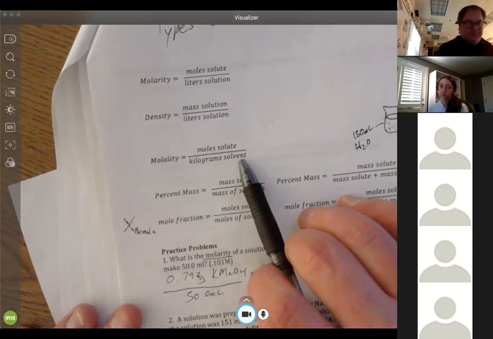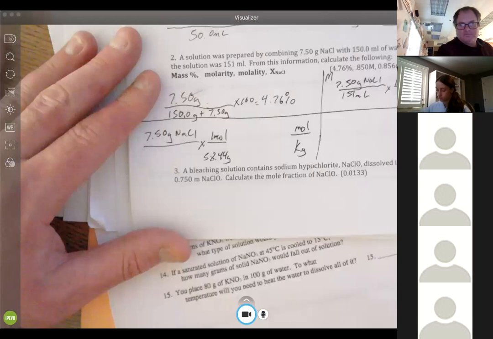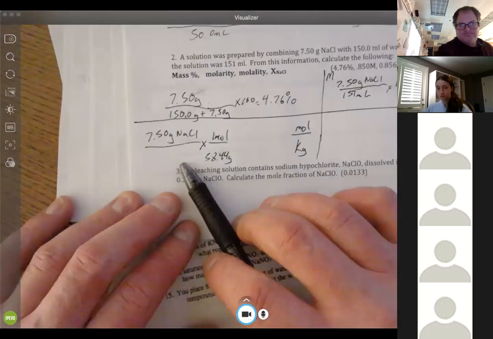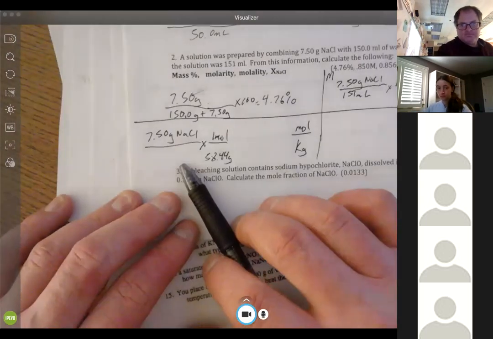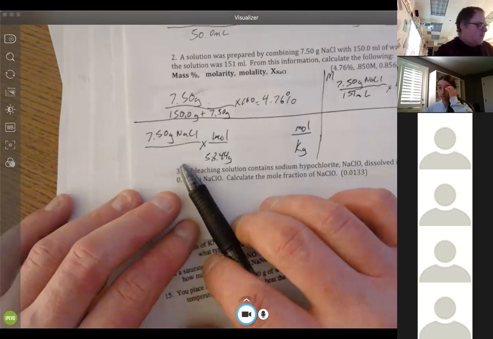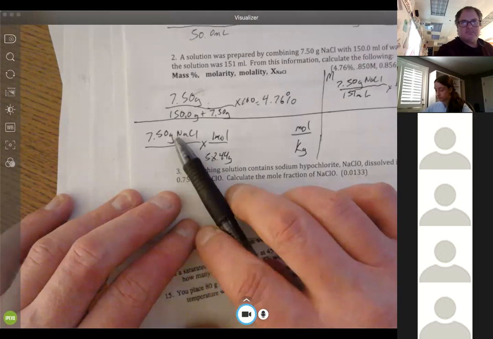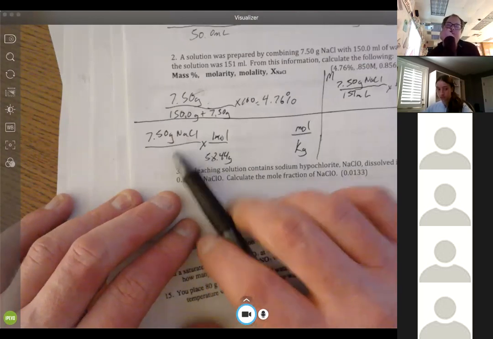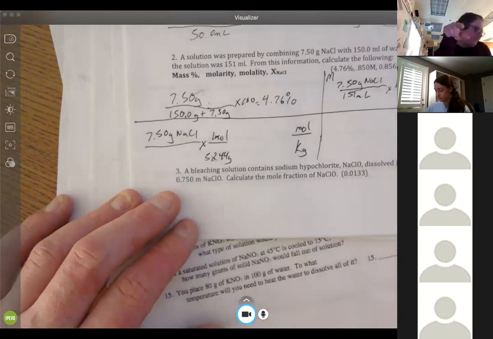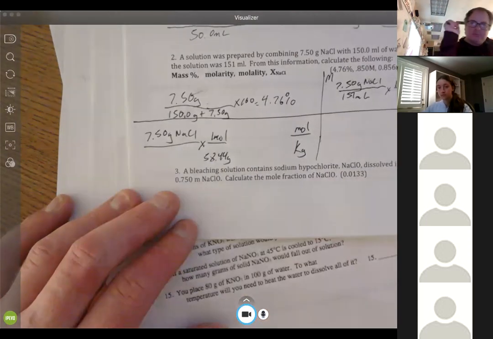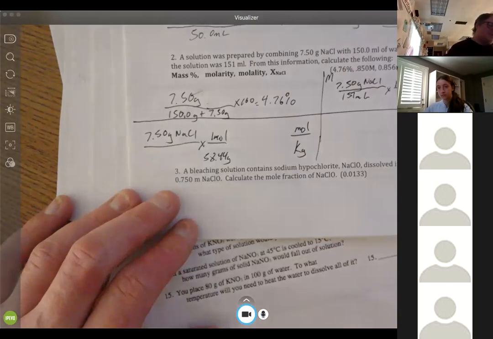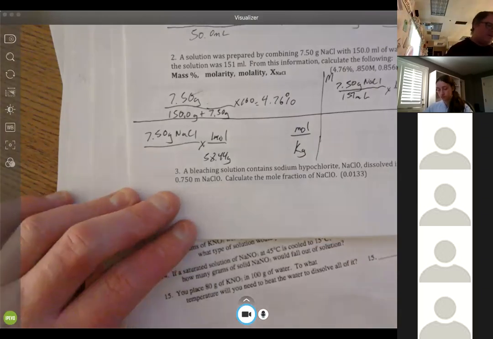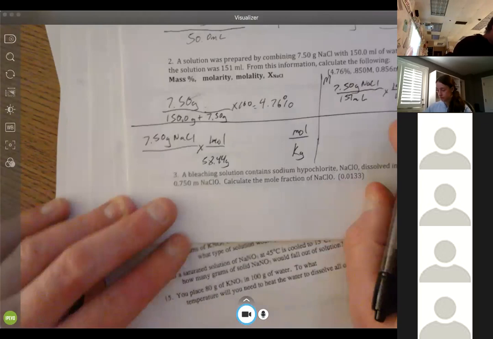So how much solvent do we have? 7.50 grams. That's solute. My bad. How much solvent do we have? 150 milliliters of water, which means that since water's density is 1 gram per milliliter, how many grams do we have? 150.